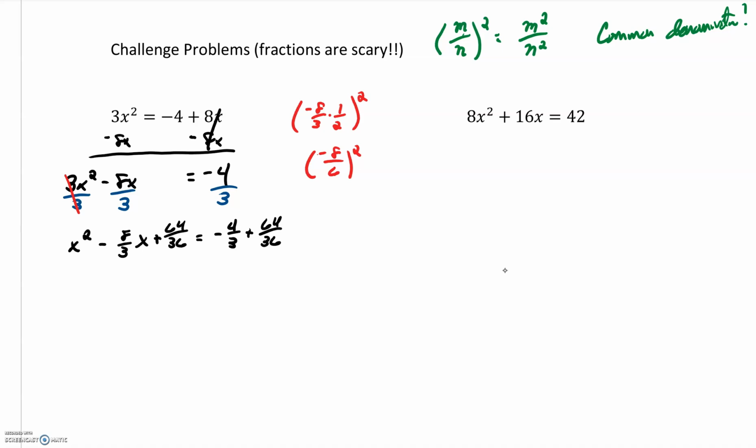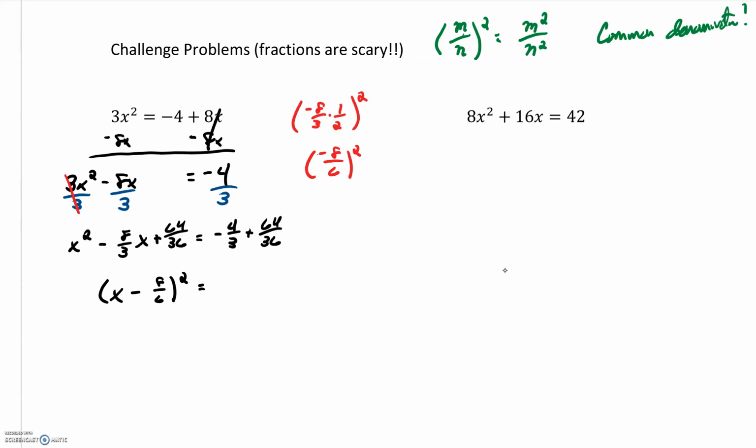Okay, so nothing terrible, right? Now when I factor this, the left-hand side is going to factor to x minus whatever half of my b value was. So that's going to be x minus 8/6 squared is equal to, now I need to add these fractions.